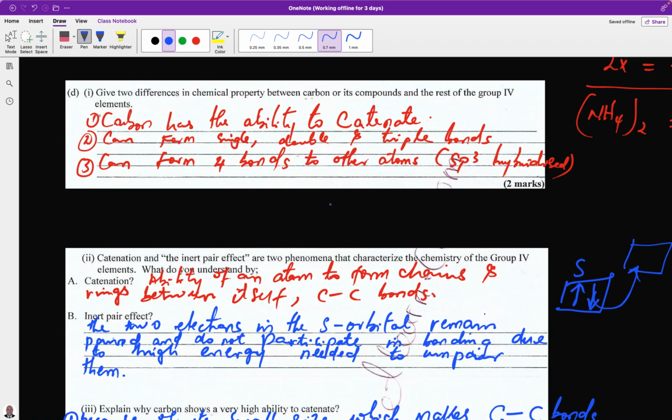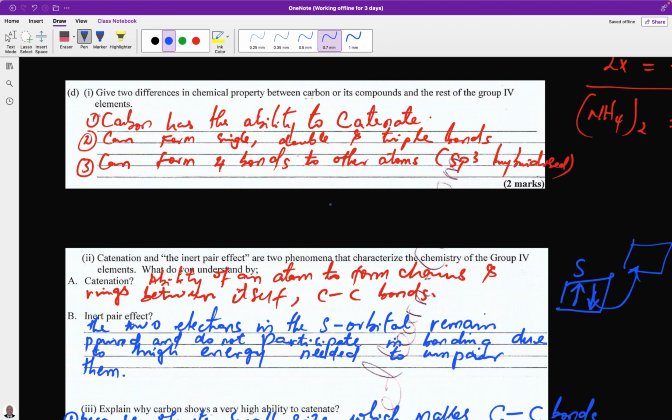So that ability to form rings, like in benzene, ability to form chains, like in other aliphatic compounds, that is what we call catenation between the carbon-carbon atoms.